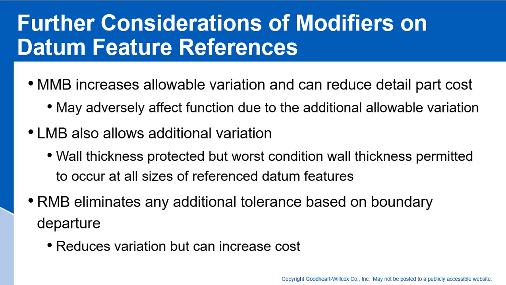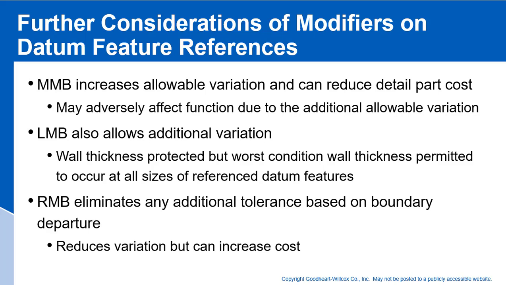Now, least material boundary also allows for additional variation. We don't talk too much about least material boundary or least material condition, but when we use LMC modifiers in our feature control frame, we're not necessarily concerned about the position of the hole or part fit.